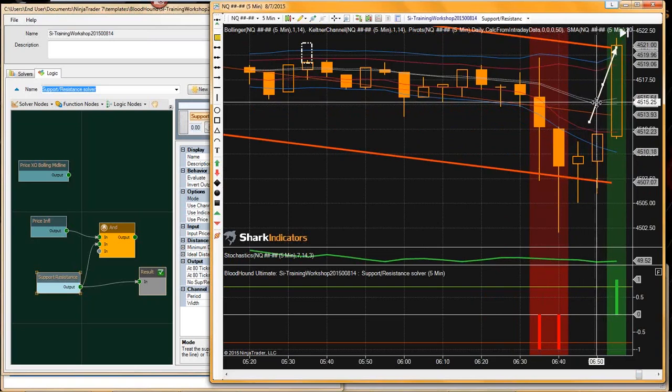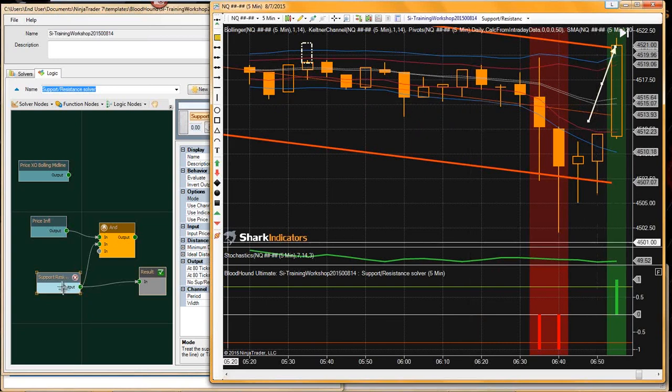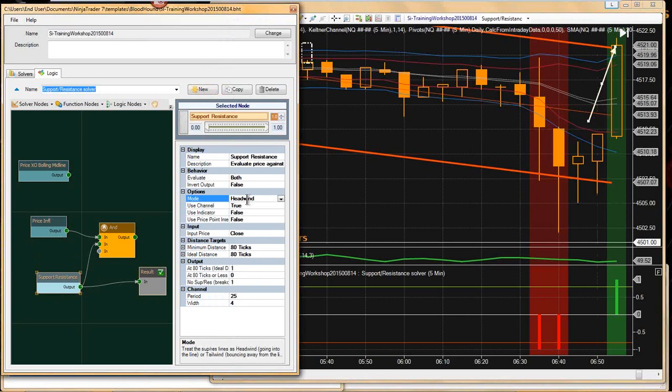So, I don't know, using the channel in headwind mode doesn't seem to make much sense, but you can do it. All right, so that's a quick demonstration of using the regression channel with the support resistance solver.